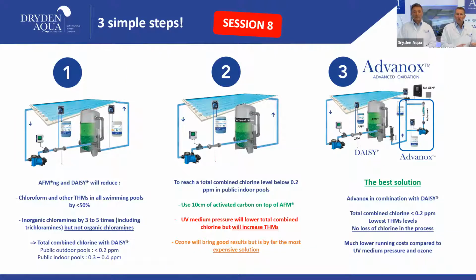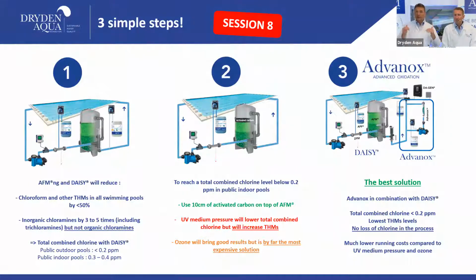You are not lowering your organic chloramines, and that's why we have step number 2. Small correction: you do this just with AFM NG, and with Daisy you make an additional 20%. Good point. Just to be clear, because I know most of you are using just our AFM, and that's the important step.